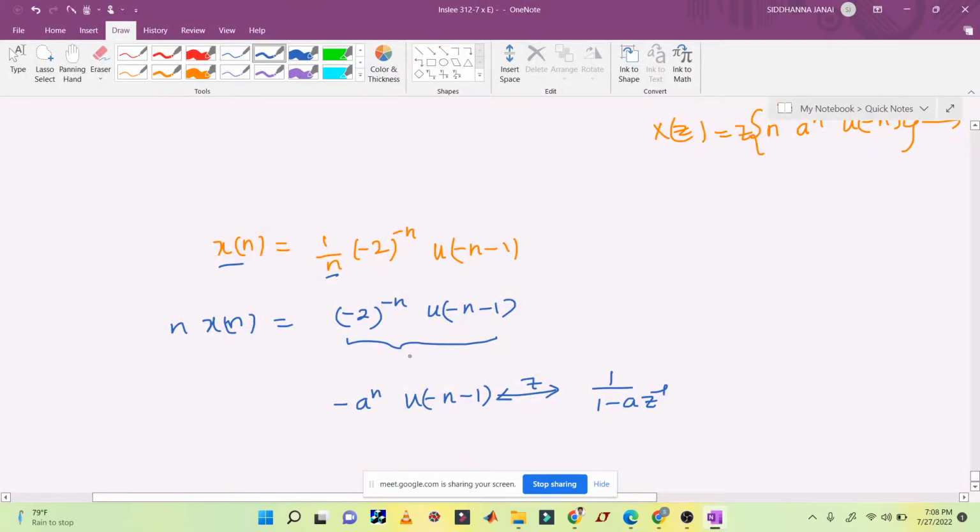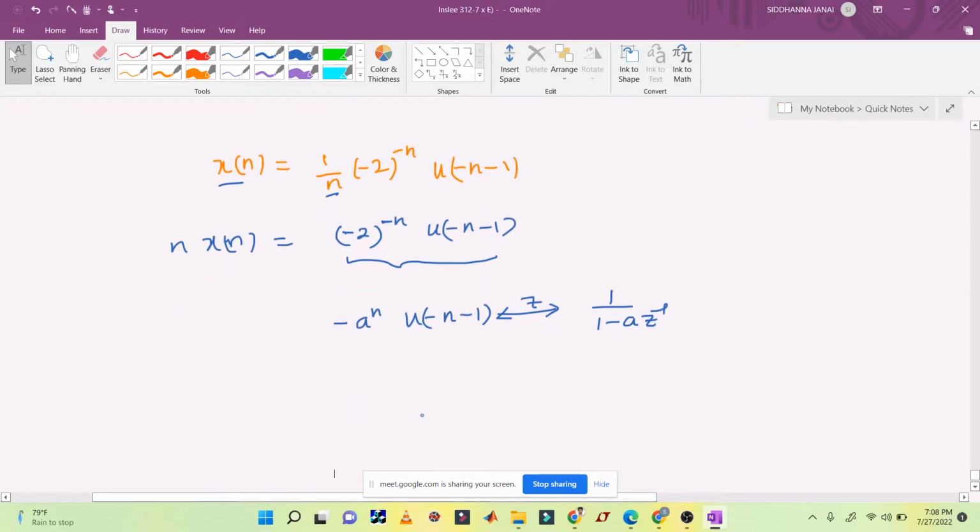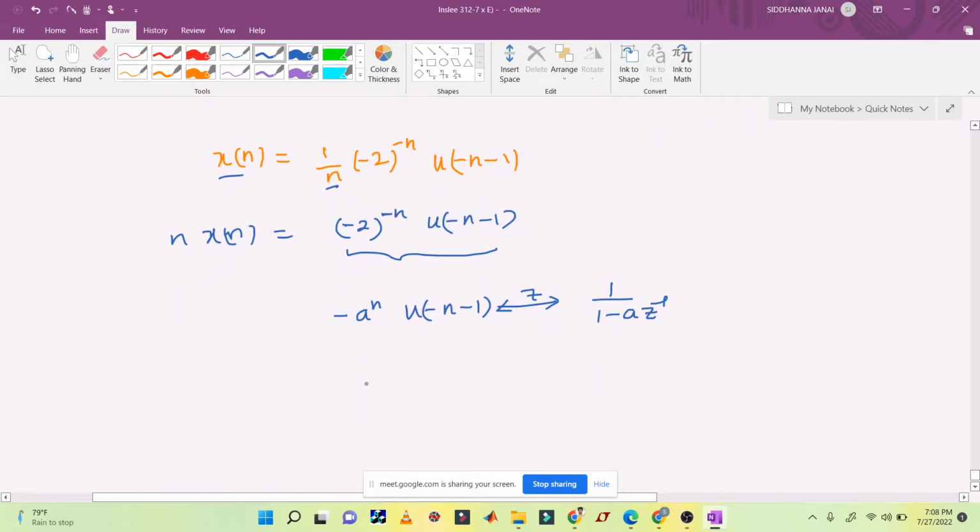Now for us we have minus 2 inside the bracket and minus n here. For this we can modify our equation so that we can apply the property. Say if at all it is a to the power n u of minus n minus 1, then the z transform would be, this minus will come on this side, minus 1 divided by 1 minus a z inverse.